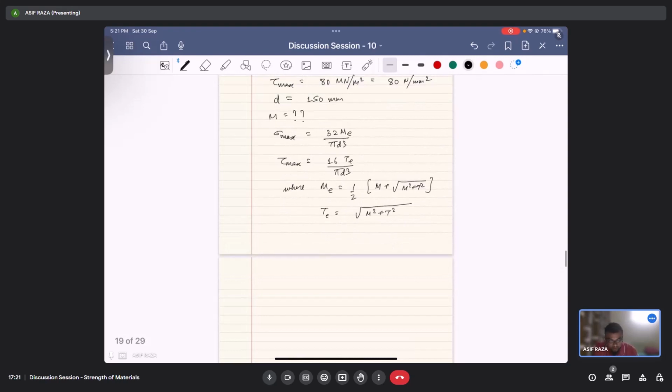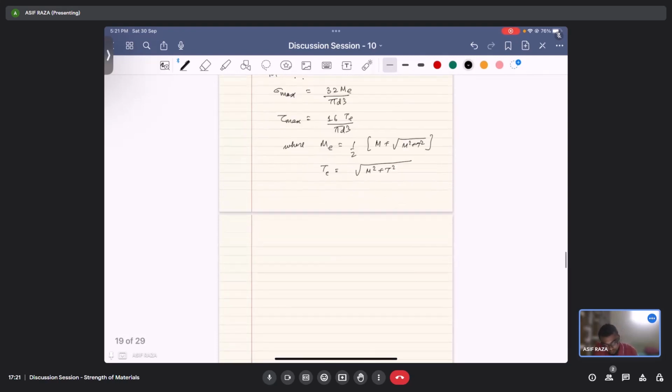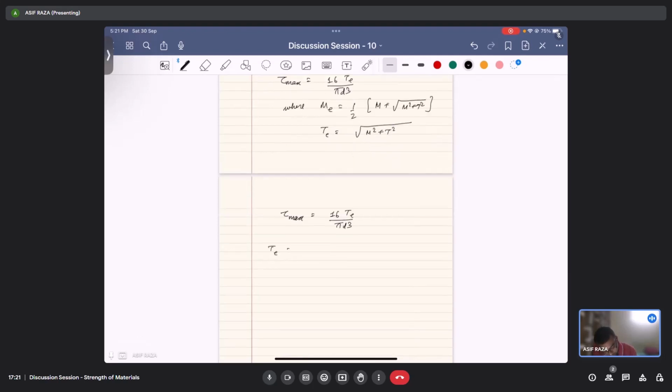So let's use tau max first. Tau max is 16 Te by pi d cube. Te is tau max times pi d cube by 16.